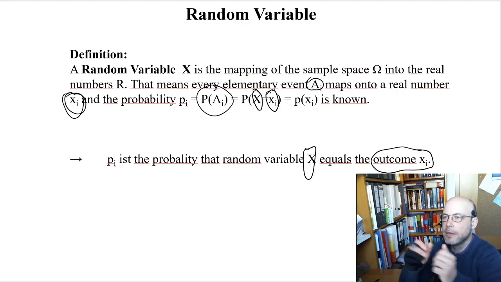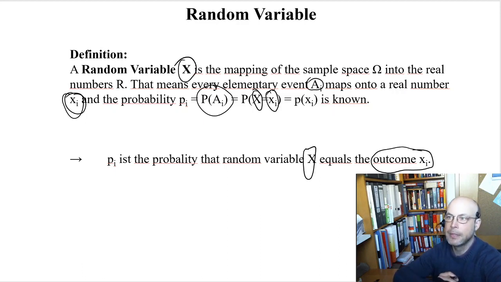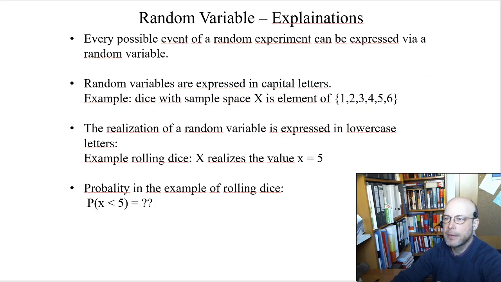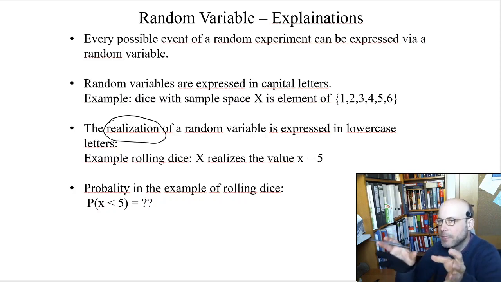And there we distinguish a little bit, because the random variable is written in capital letters, as I gave you here. But the realization, the small xi, we write in lowercase letters. So conceptually you always have to distinguish between these two, the random variable and the realization of this random variable.